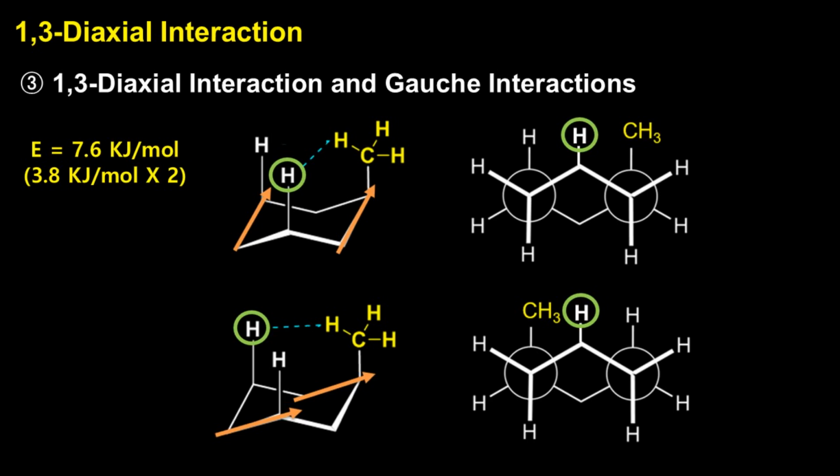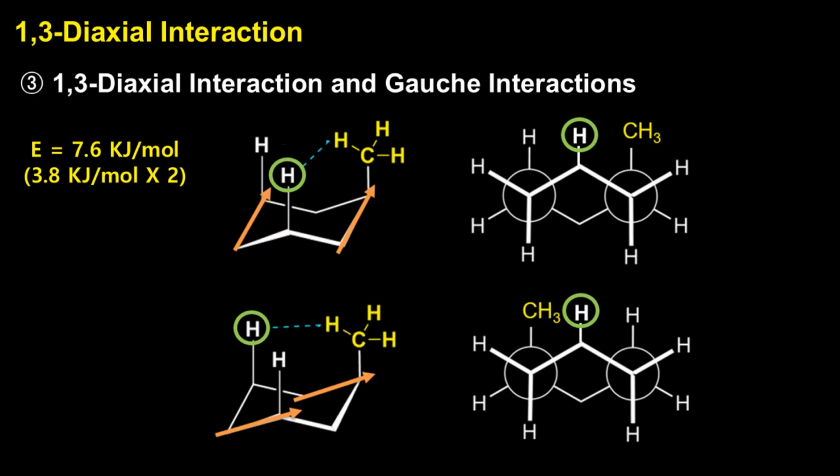1,3-diaxial interactions in cyclohexane and gauche interactions in open-chain alkanes are actually caused by the same type of steric hindrance, and both increase molecular strain by about 3.8 kilojoules per mole per interaction. In open-chain alkanes, gauche strain happens when two bulky groups are about 60 degrees apart in a staggered conformation. That close proximity creates repulsion.